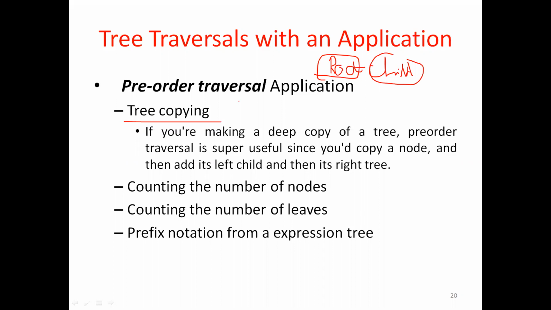In pre-order, first you will visit or process the root node, right? That's why we are using pre-order for copying a tree. Copying means what? Any tree is stored in memory.